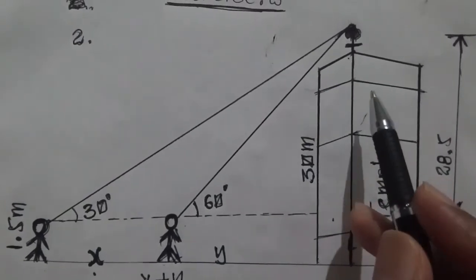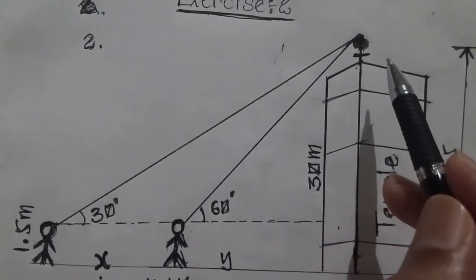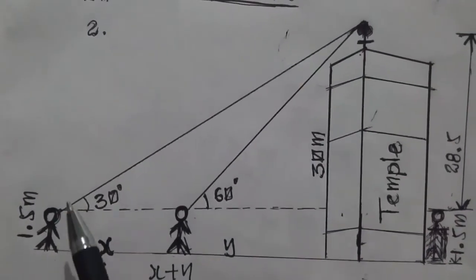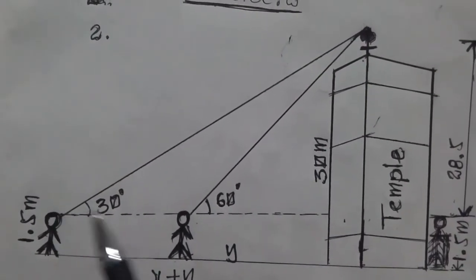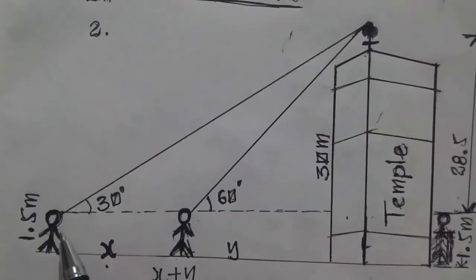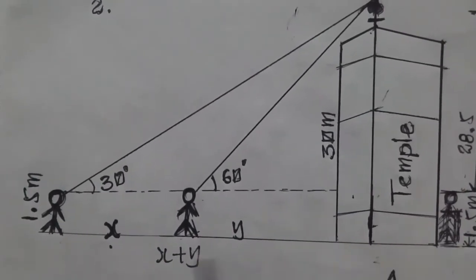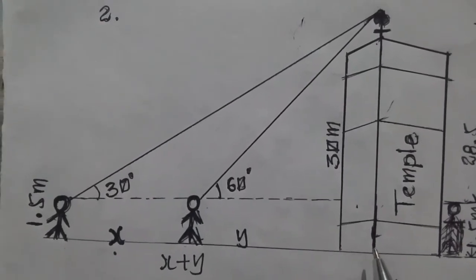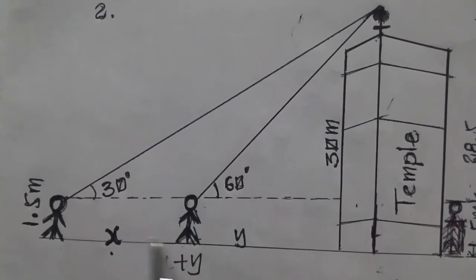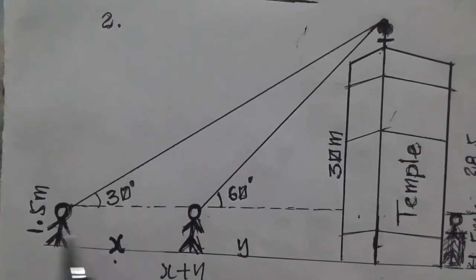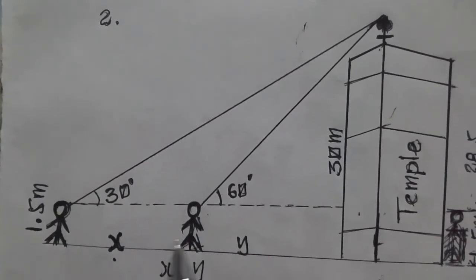First step: let the height of the temple be 30 meters and the height of the boy be 1.5 meters. Let the distance between the boy and the temple be x plus y, up to here, and let the distance walked by him be x. This distance we should find.